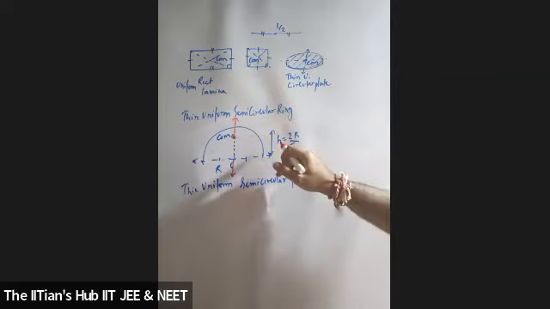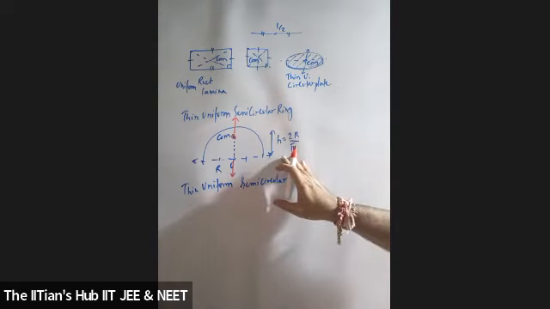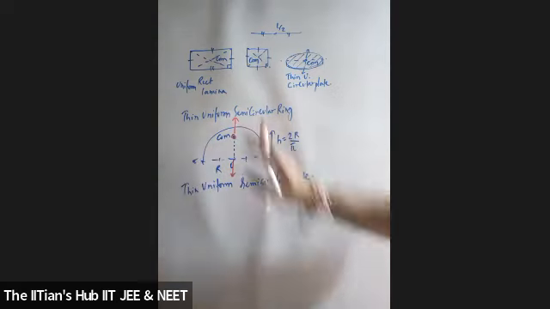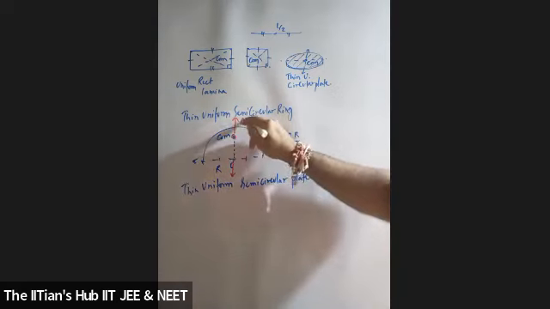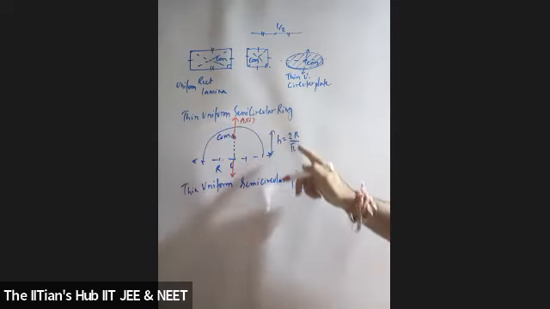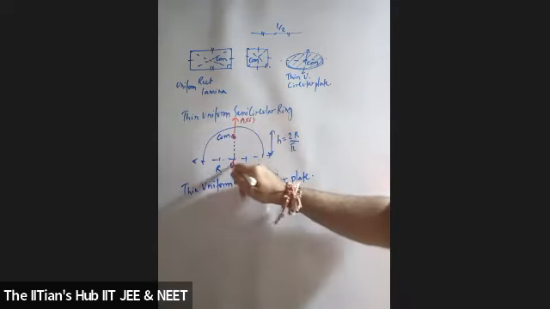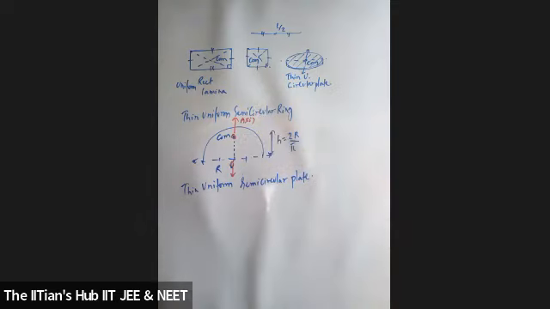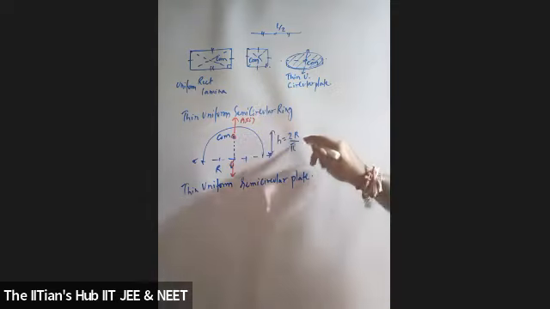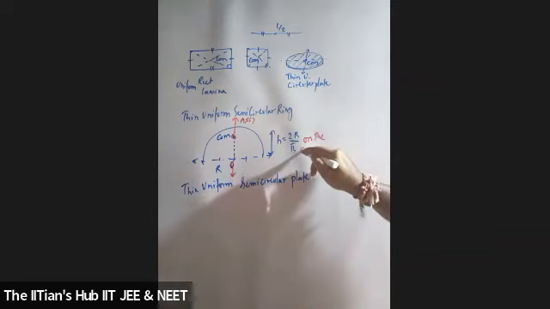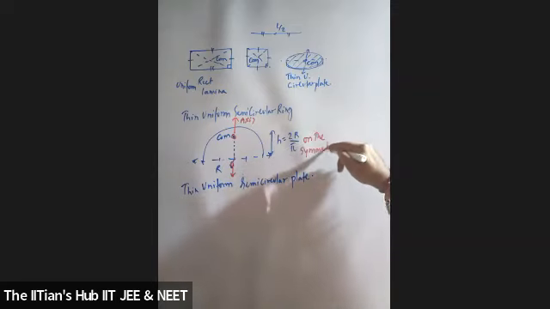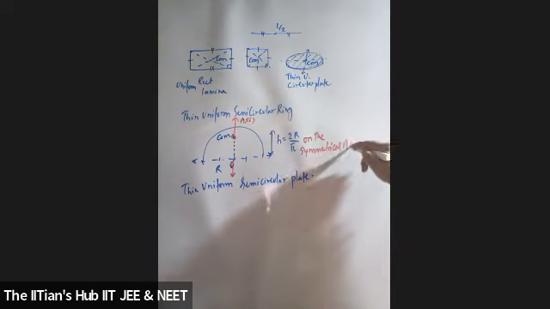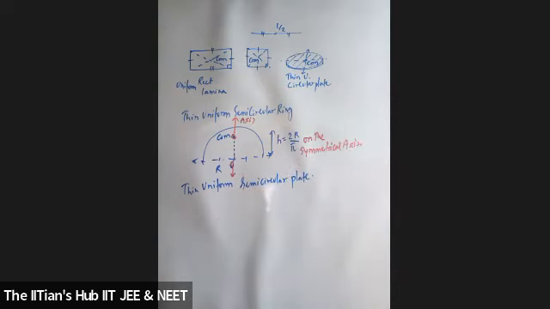Yes. So it is at a height. How to state the answer: the center of mass for a thin uniform semicircular ring is at a height of 2r upon pi from the center of the ring, on the symmetrical axis, students. Keep this in mind.